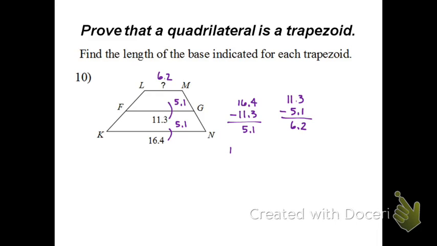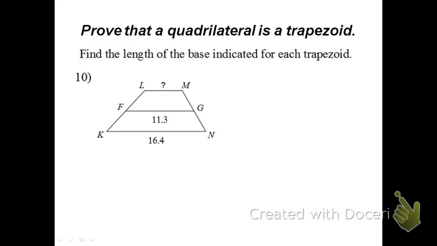LM is equal to 6.2. In the words of the White Sox announcers, you can put it on the board. Yes. All right.